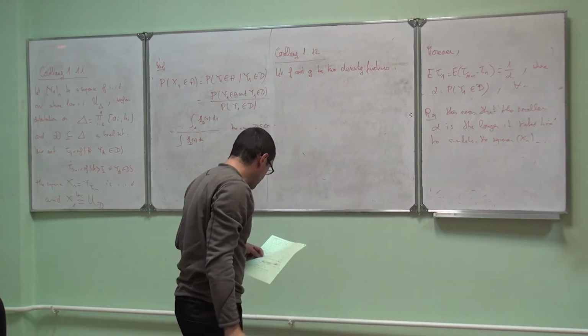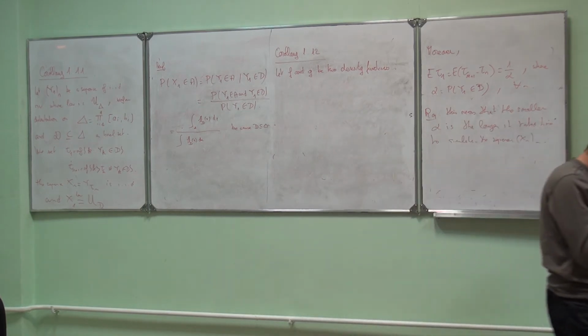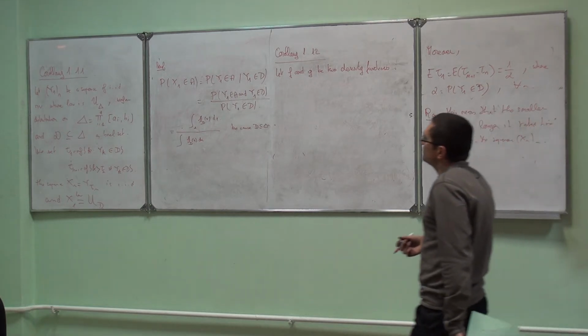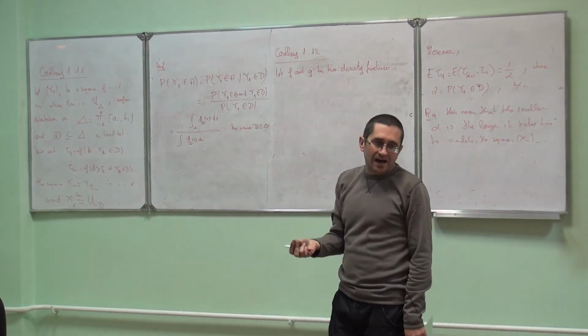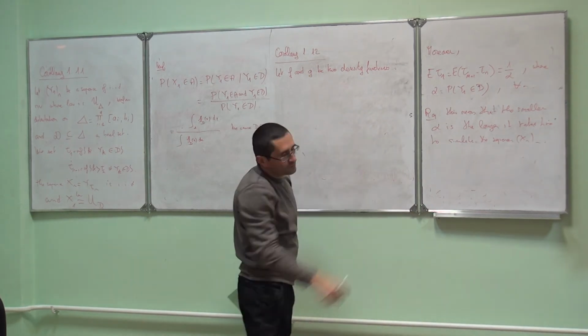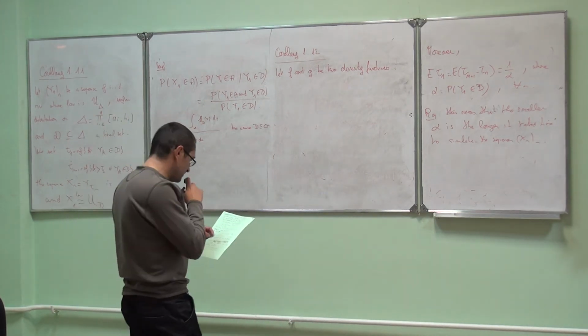Okay. Actually, the idea is to simulate a random variable whose density function is f, knowing that we are able to simulate a random variable with density function g. Okay, this is the idea.